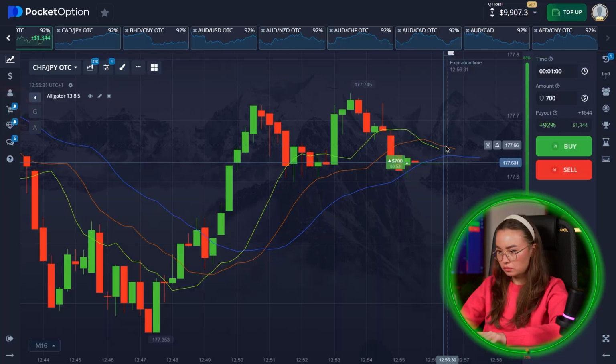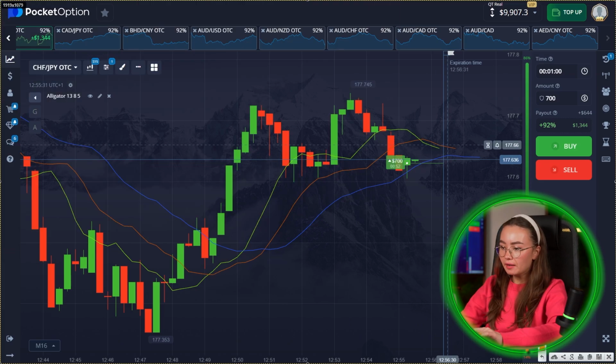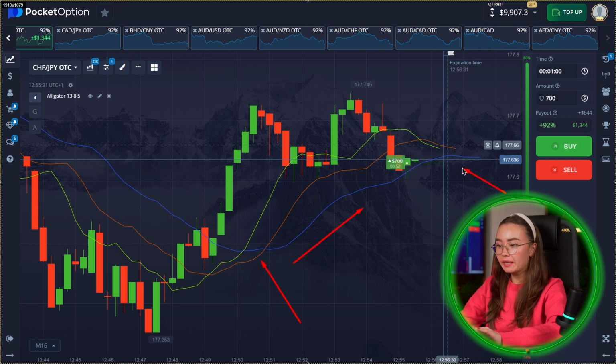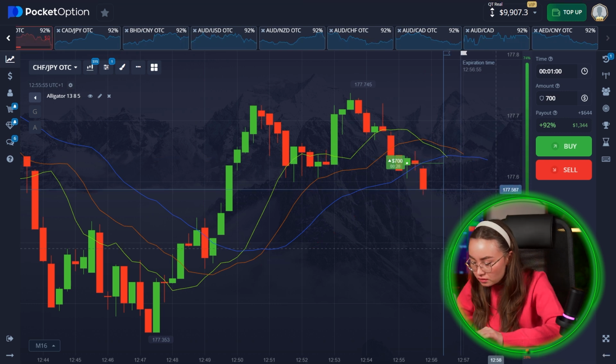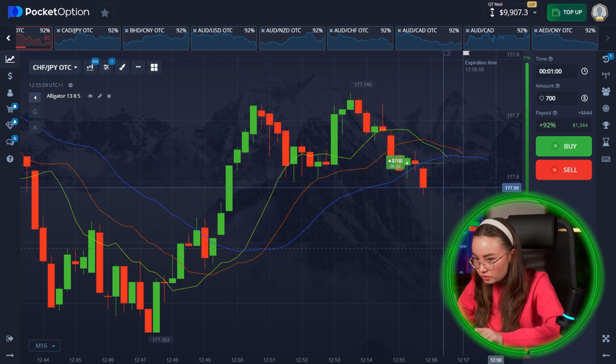Okay. Same. We see the Alligator lines converging at a single point, and we also notice an uptrend. Our trade is placed with the trend, making this a reliable entry. The odds are in our favor. Let's wait, guys. It's going down.